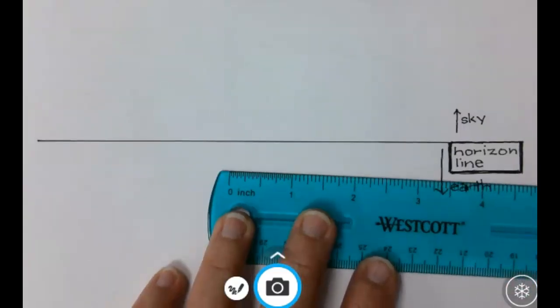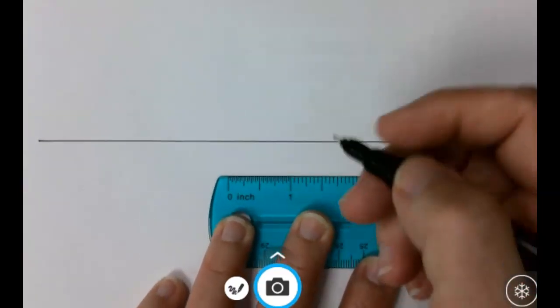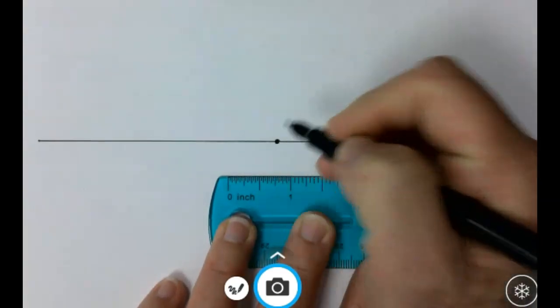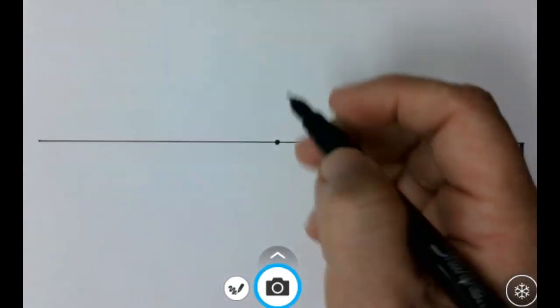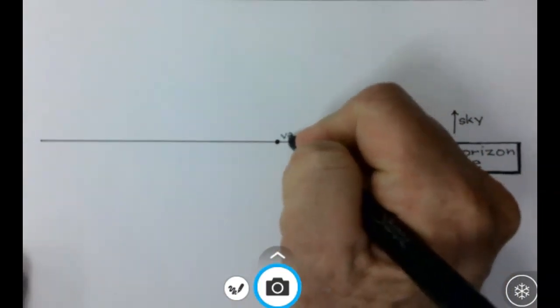So let's start by drawing just a simple square. We're going to put something in right here, and we're going to call that our vanishing point.